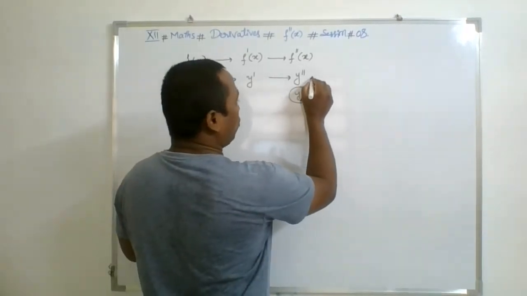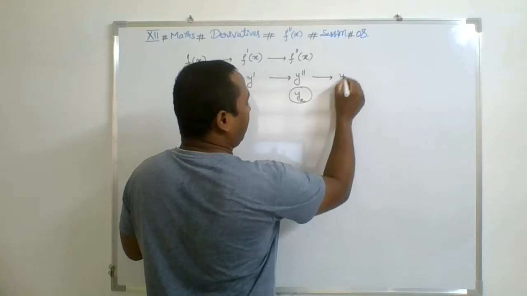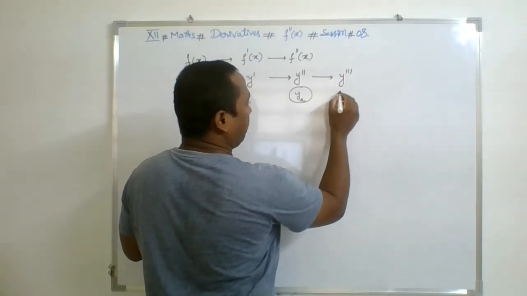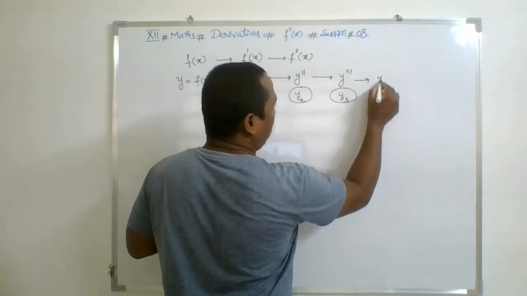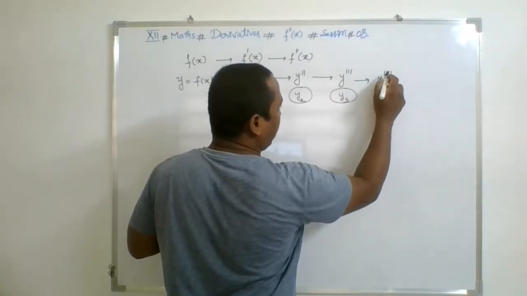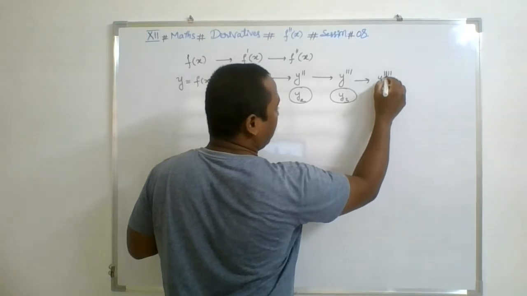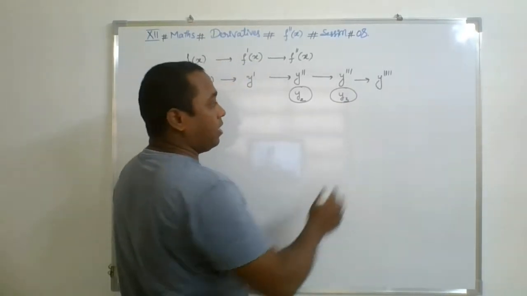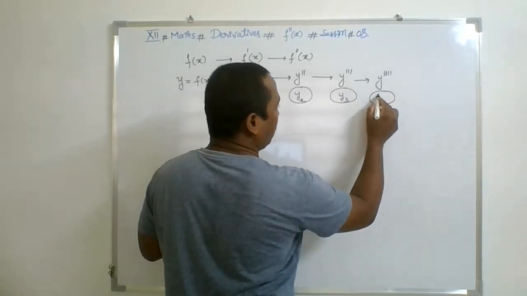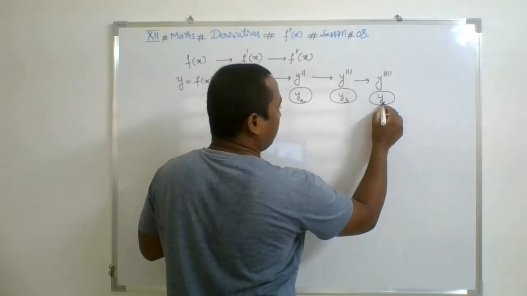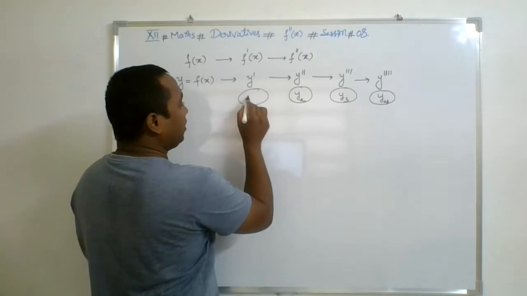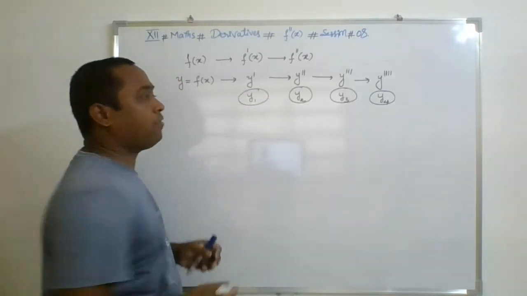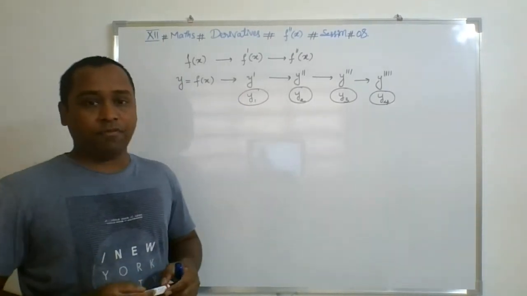Similarly, you may also go for the triple derivative, third order derivative, denoted by y3, then fourth order derivative. It becomes cumbersome if you keep writing bars over the y. That's why this notation has been replaced with y1, y2, y3. So this is another way of denoting the derivative of the function.